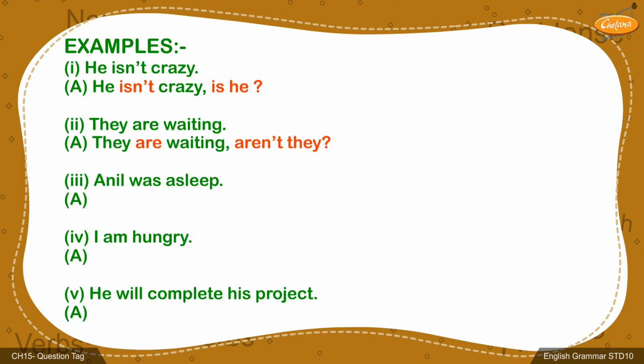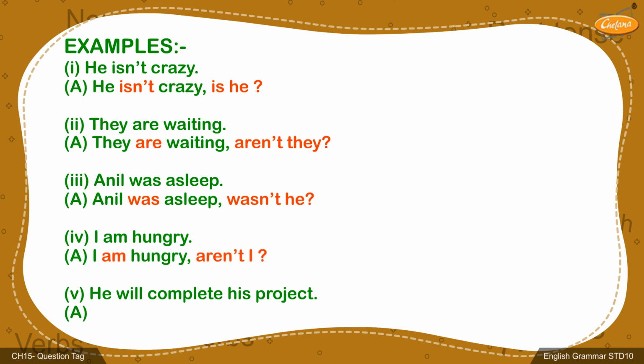Can you guess the answer to the next statement? Yes, it's wasn't he? We know am changes to aren't and will changes to won't. Thus, the tags for the next two sentences would be aren't I and won't he, respectively.